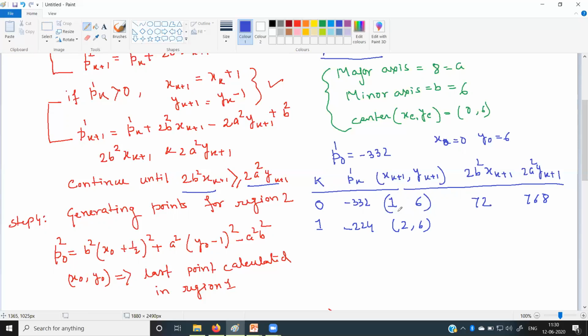Again, less than 0, x will be incremented by 1, but y will not be incremented by 1. Now you have to compare 2b square xk plus 1 and 2a square yk plus 1. If you do so, you will get the values 144 and 768.